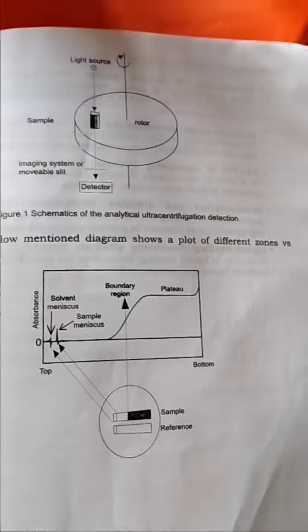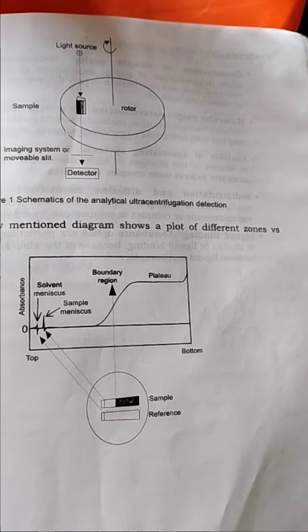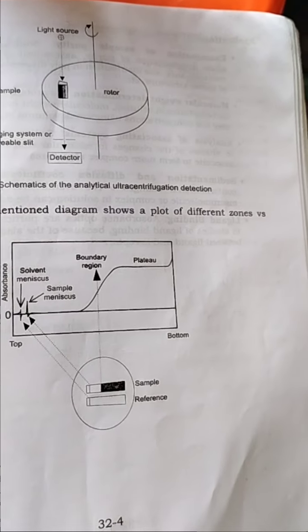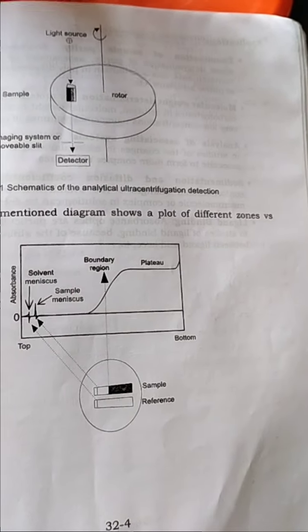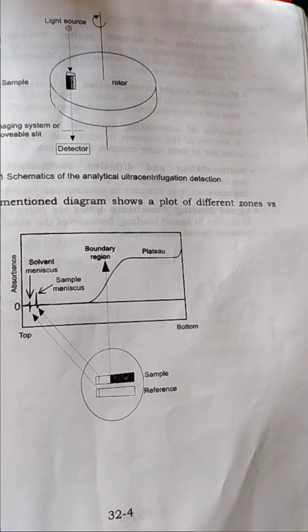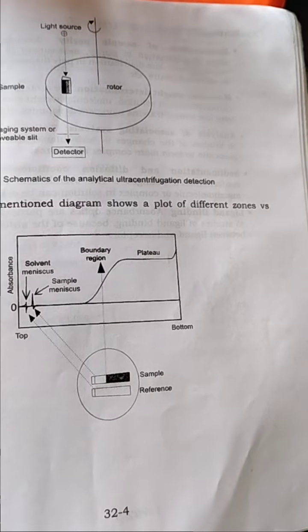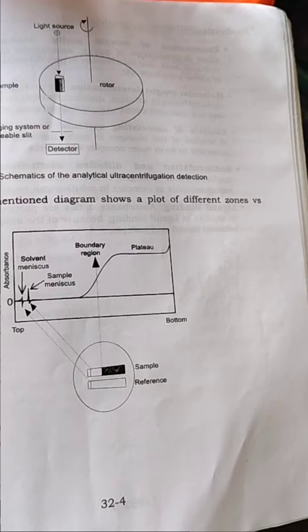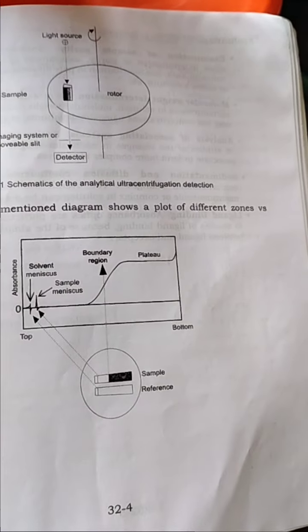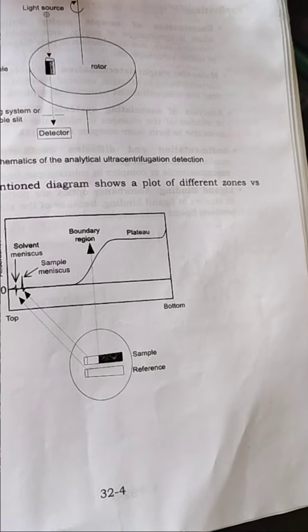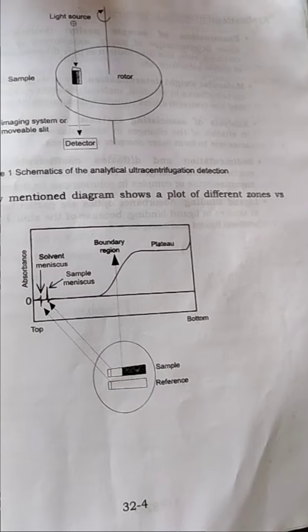Here comes the instrumentation of ultracentrifugation. A typical analytical ultracentrifuge, also called Beckman Coulter, is specially designed equipment which has a rotor that can rotate at 40,000 to 60,000 rpm, as already discussed in the principle, producing 250,000 g.